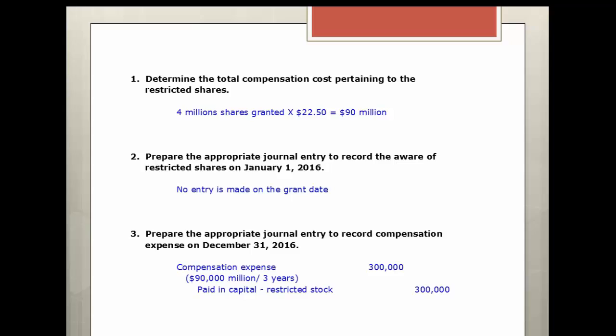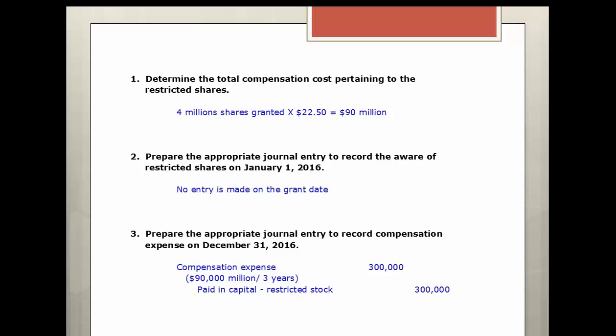So the first thing is we are doing the calculation of the value of these restrictive shares. It's 4 million shares, multiplied by the market value at the time the program was initiated, which was $22.50.